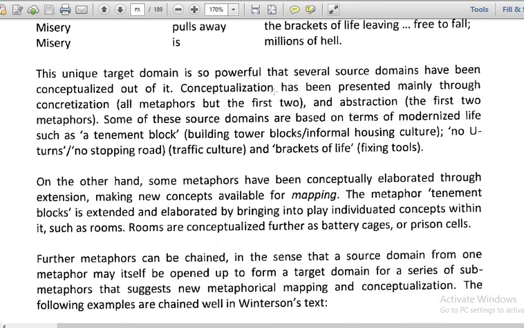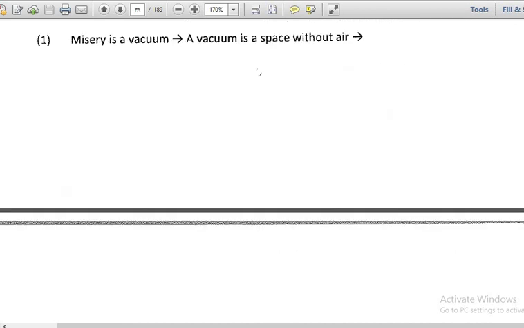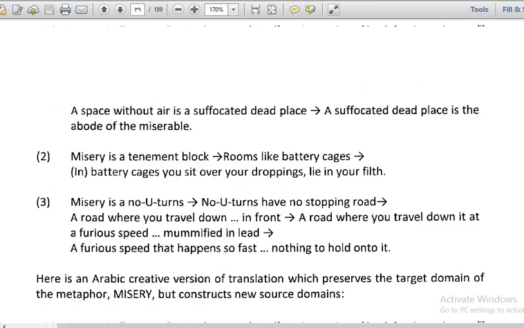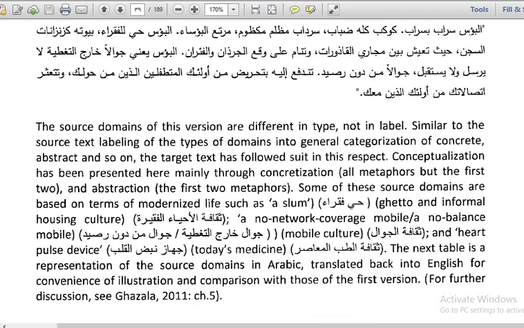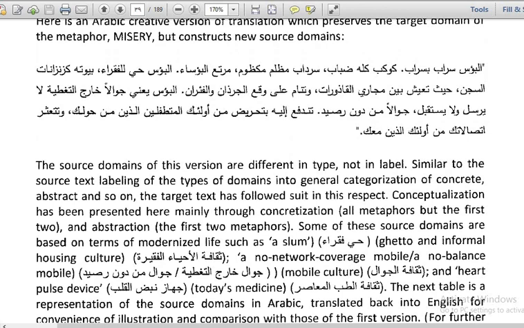And this takes us to another feature of literary language, which is conceptualization. Okay? So, in page 39, we have a suggested translation for the previous passage.